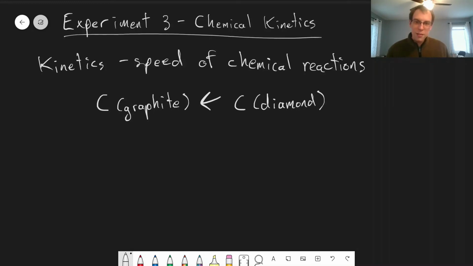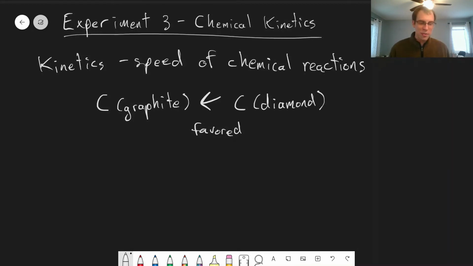But the speed of this reaction is very, very slow because there are lots of chemical bonds you have to break in a diamond to get it to turn into graphite. So, even though this is favored to go from diamond to graphite, it is so slow that we can say diamonds are forever, even though thermodynamically they're not the most favorable form of carbon.